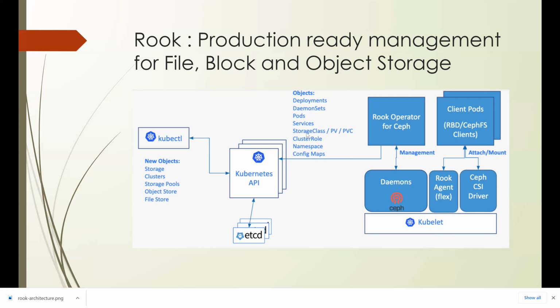Kubernetes is a bunch of objects, and it includes deployments, daemon sets, pods, services, storage for the PVC and PV, cluster role, namespace, and config map. What I am trying to do here is provide kubectl as an agent, and that agent can talk to the Kubernetes API, and for the storage cluster, it can create a storage pool, storage objects, file store, etc. Depending on your external driver, if it is NFS, it's a file driver.